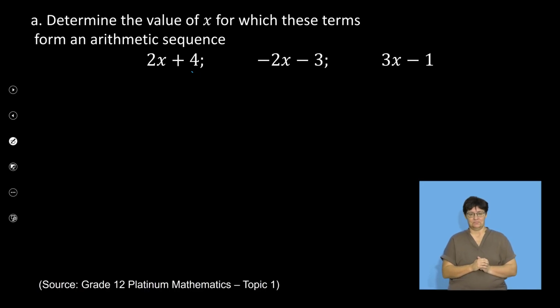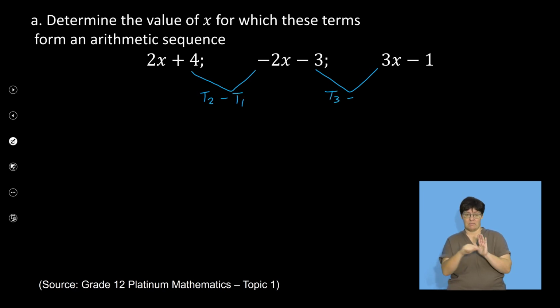So between these 2 terms, if I were to calculate the common difference, we know that I can say term 2 minus term 1, and I can say term 3 minus term 2. So if I say term 2 minus term 1, I'm going to have negative 2x minus 3.